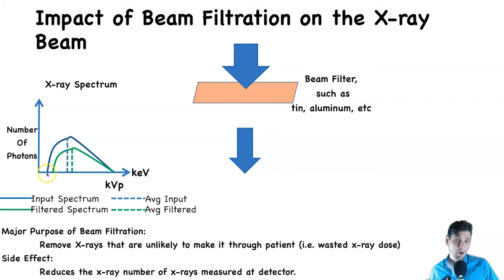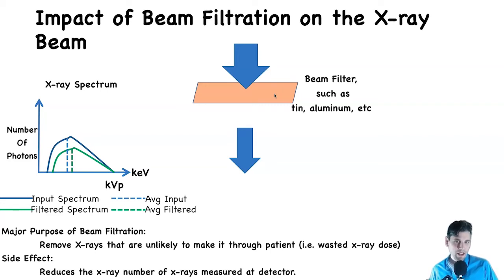So the main purpose of these type of filters is to reduce unnecessary radiation. So very low energy photons, for instance, are not going to be able to penetrate, and if they don't stand a chance of actually contributing to the image, then we consider that a wasted dose. So that's the reason why you would want to have some inherent filtration in your system itself.